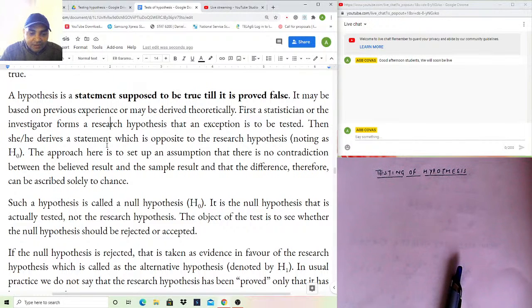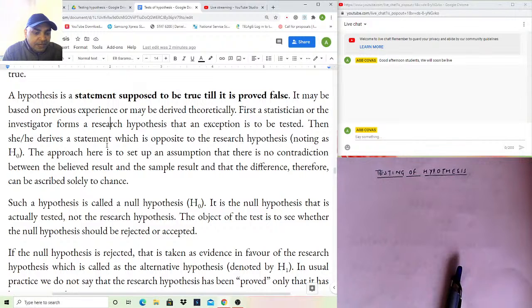Then we conduct the actual experiment, take samples, and compare the milk yields in the control, where no added ration is given, and when the added ration is given, and see whether those differences are significant using various tests. If they come out to be significant, it means there is a difference. So our null hypothesis will be rejected and automatically our research hypothesis will be accepted.